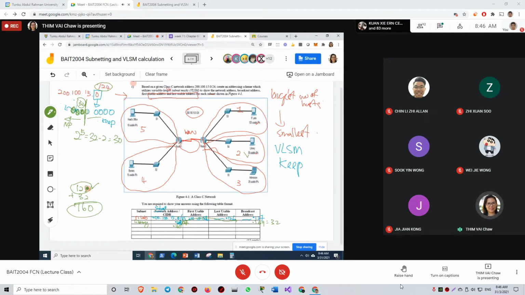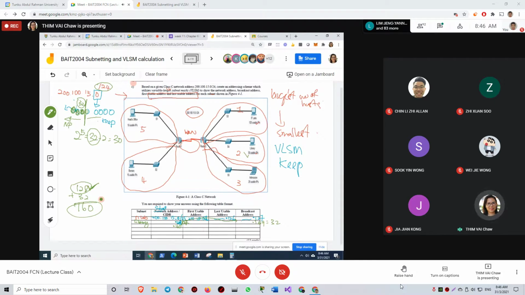Remember, in total you have 32 and your starting address is 128. Here is already a new address. So you plus 32, and you get another new address which belongs to the next subnet number.